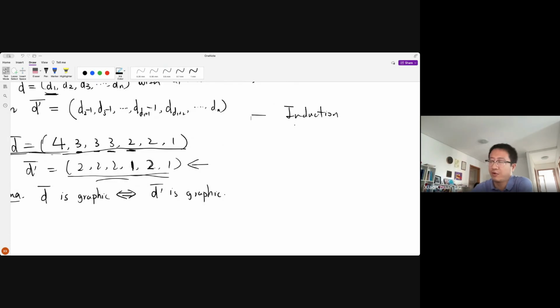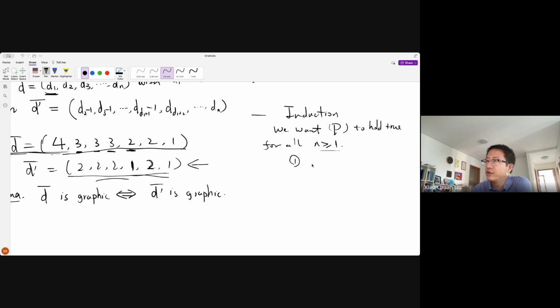We want to prove that some property P holds true for all integers, right?